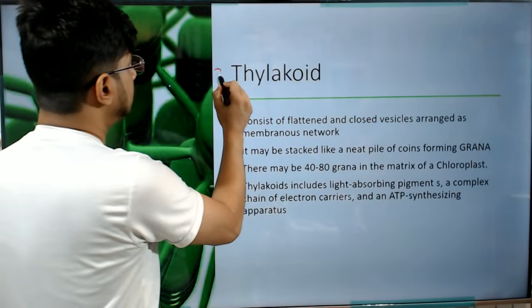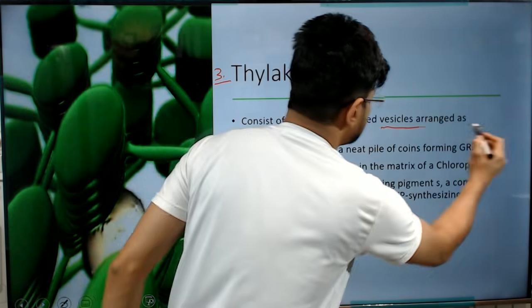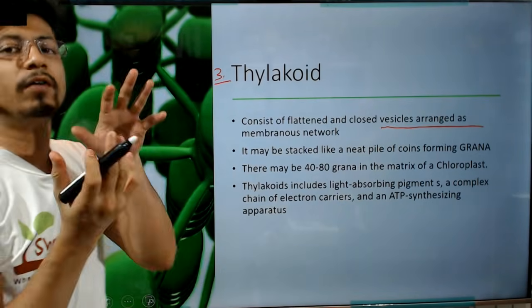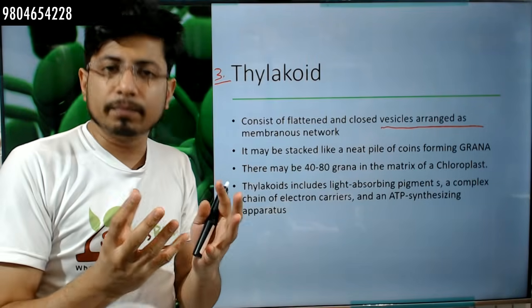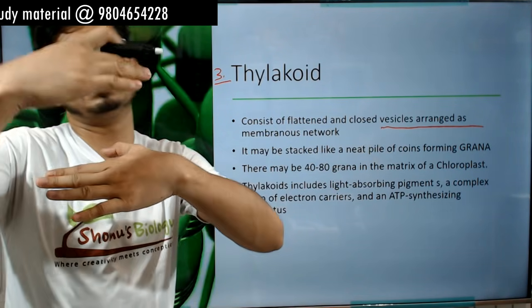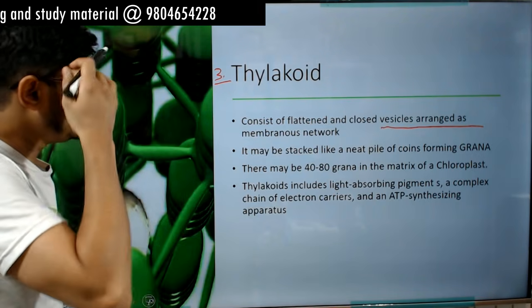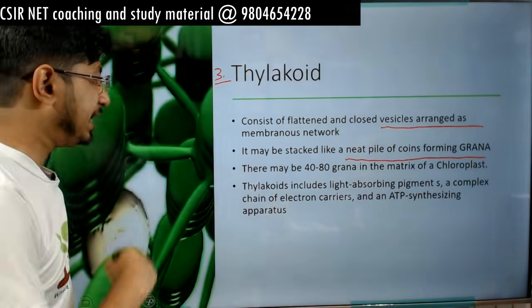Now the third thing we are going to talk about is thylakoid. It consists of flattened and closed vesicles arranged as a membrane network. So basically they are vesicles. Vesicles means they are composed of membrane and they have fluid in the center. So vesicles are stacked together upon one another, maybe like a neat pile of coins, forming grana.